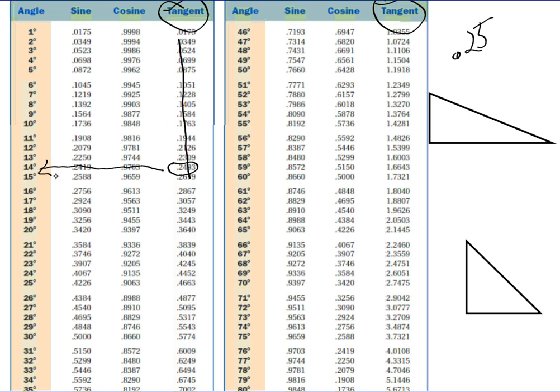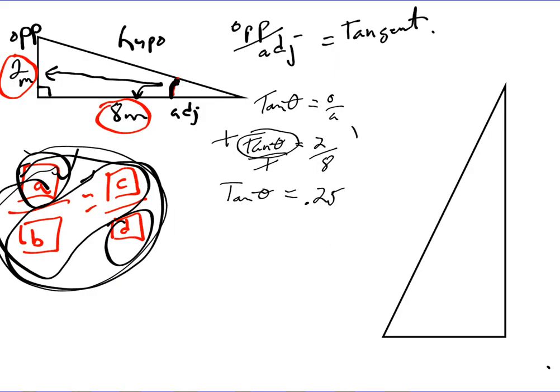That means that for 0.25, we can find the tan inverse. The minus 1 exponent means tan inverse. The tan inverse of 0.25 is 14 degrees. Using the tan inverse, we found out that it was 14 degrees.